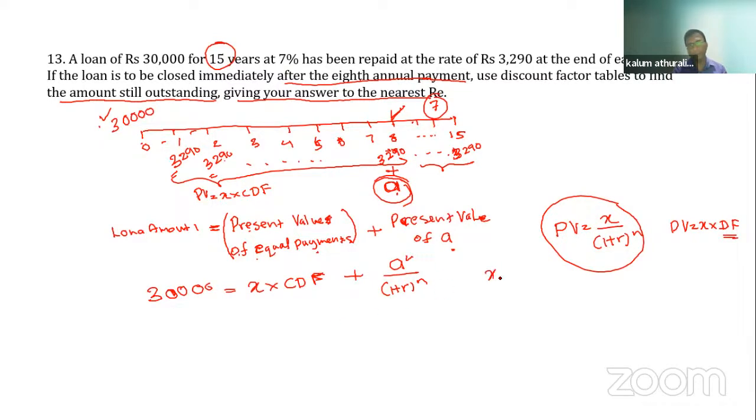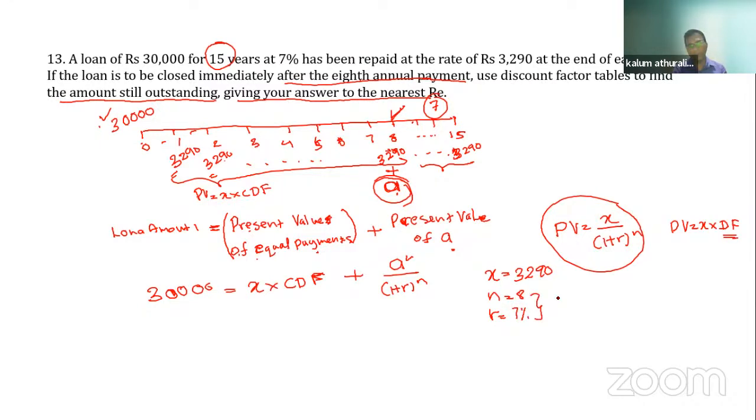What is X? X is the equal amount, 3,290. What is N? N equals 8. What is R? The interest rate is 7%.